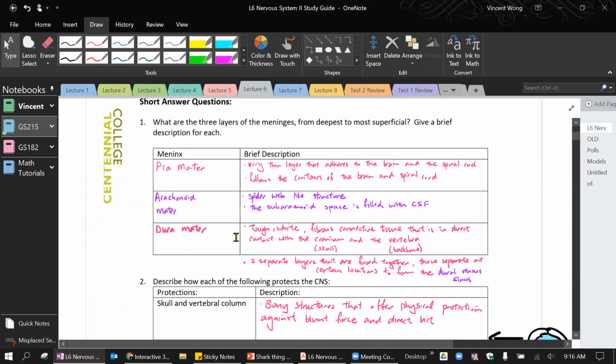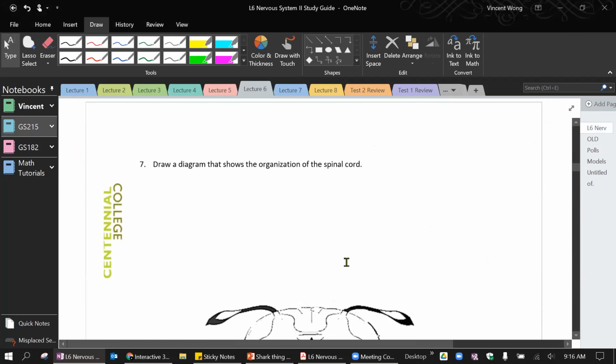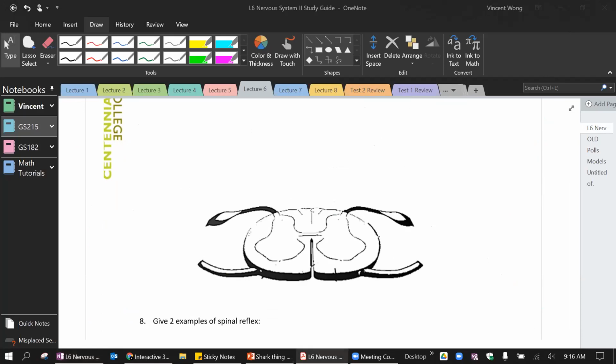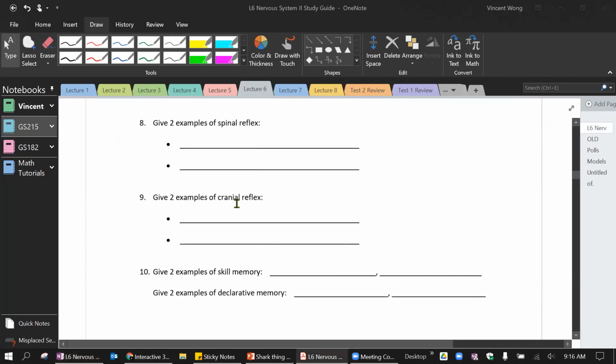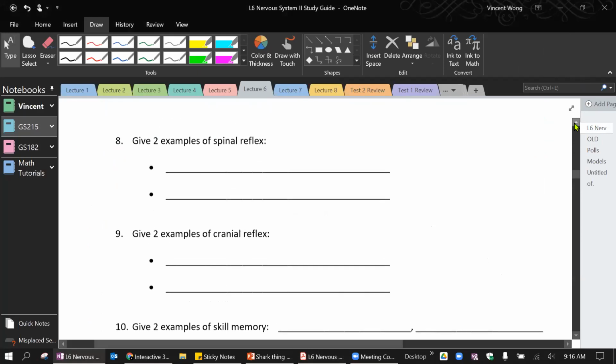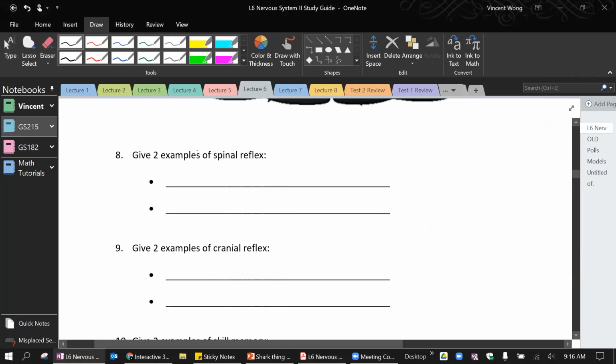Okay, moving on. This diagram I already did in class, so I'm not going to repeat it. Let's move on to the next one. Give 2 examples of spinal reflexes. Spinal reflexes are basically reflexes that involve the spinal cord only. Reflexes are these subconscious reactions that do not require conscious input or prior learning.